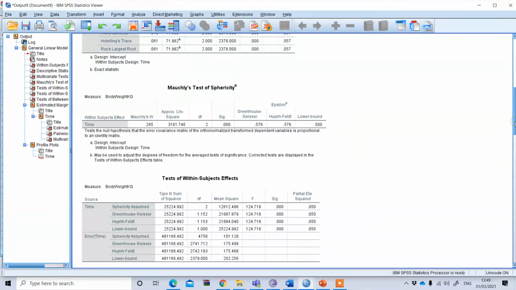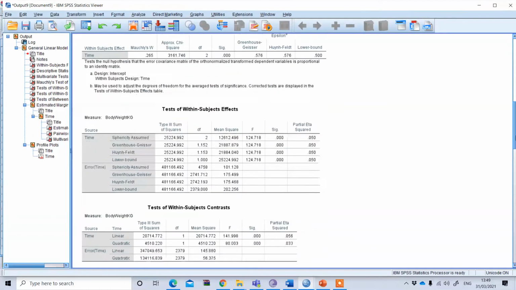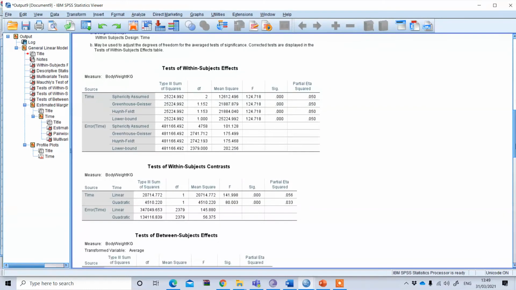If there is a violation of the sphericity assumption, in that case, when we interpret the tests of within-subjects effects, my decision will be based on the Greenhouse-Geisser significance value. Okay, so in this case this is the p-value, you see this is statistically significant.